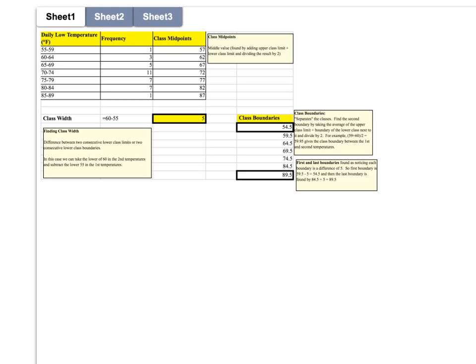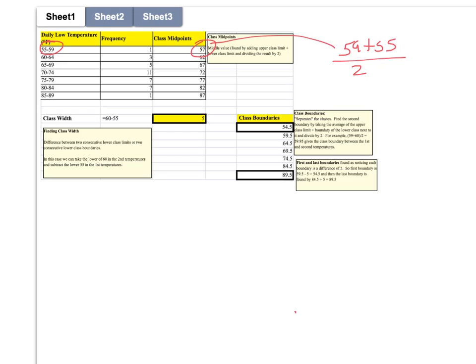All right, next I'm going to find my class midpoints, which are found by adding the upper limit plus the lower limit and then dividing by 2 to get the midpoint. So this 57 came from me taking 59 plus 55, adding that, and then dividing by 2.